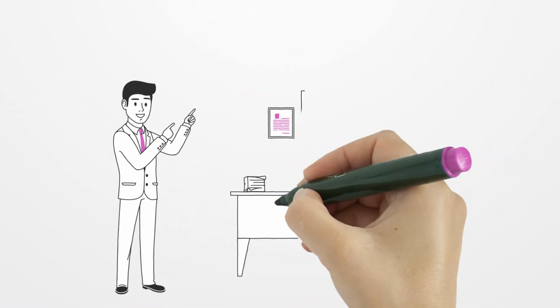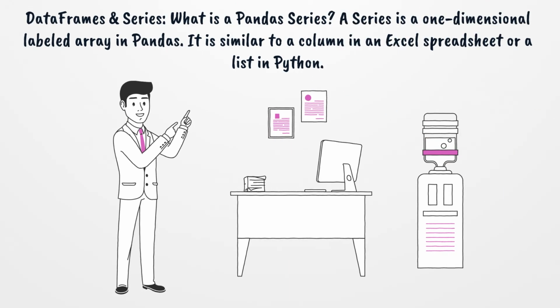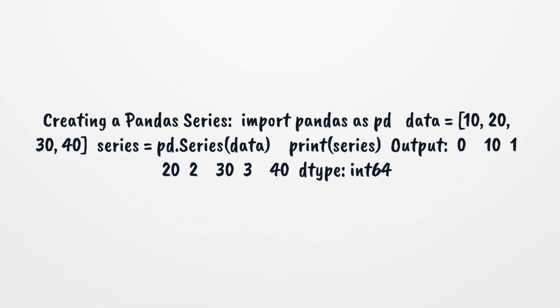Data frames and series. What is a pandas series? A series is a one-dimensional labeled array in pandas. It is similar to a column in an Excel spreadsheet or a list in Python. Creating a pandas series: import pandas as pd, data = [10, 20, 30, 40], series = pd.Series(data), print(series).